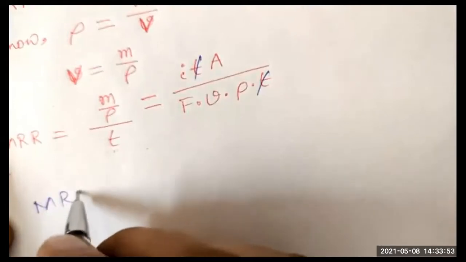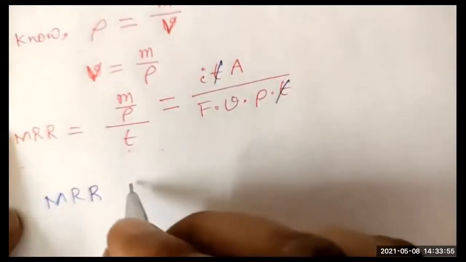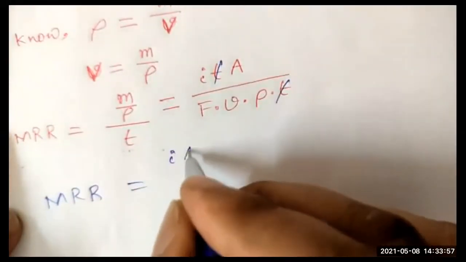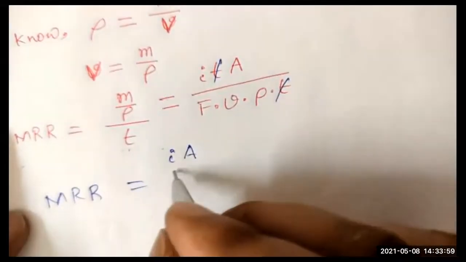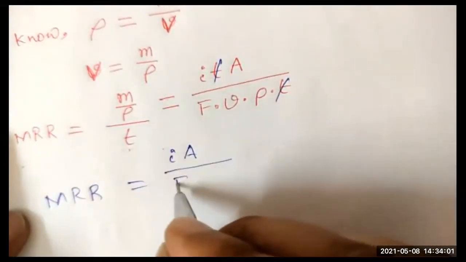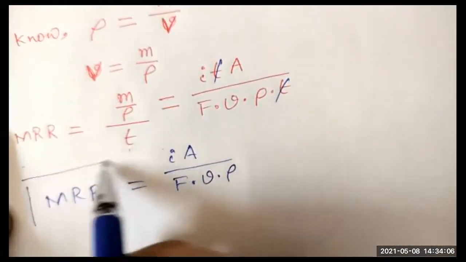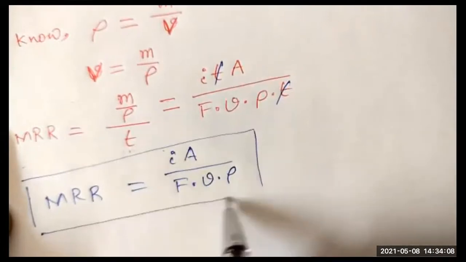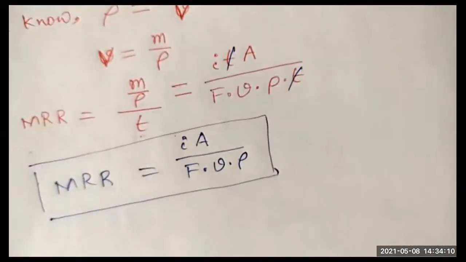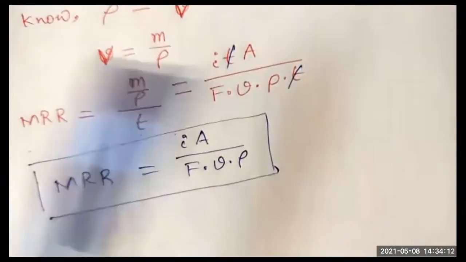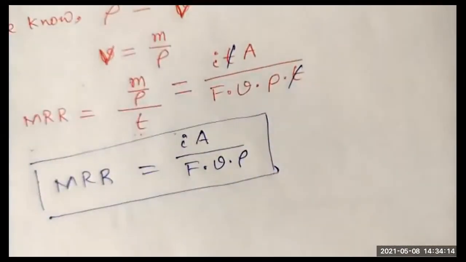So, finally, we will get MRR is equal to I into A divided by F into V into rho. So this will be our final calculation, or final MRR of ECM.